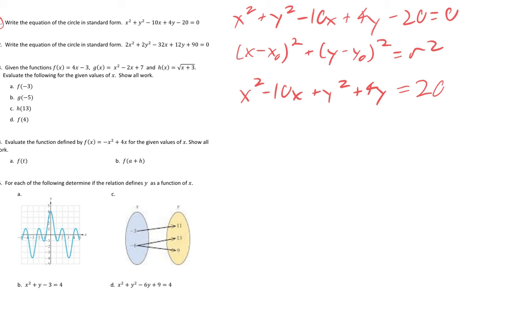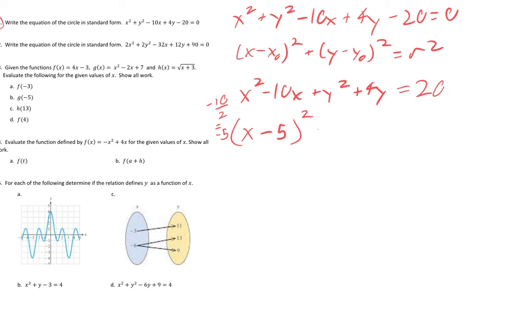So for our x terms, we're going to have x squared. And to get what we need there, right, we're going to take our negative 10 and divide it by 2. So negative 10 divided by 2 is going to give us negative 5. So right here we're going to have minus 5.